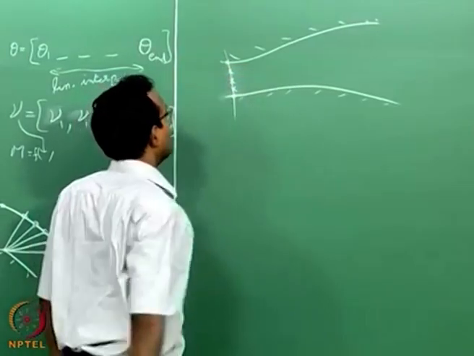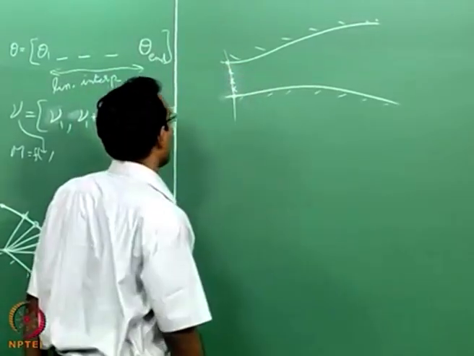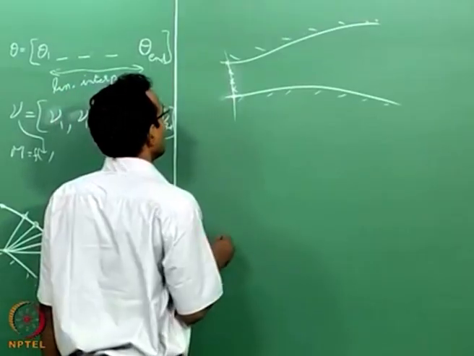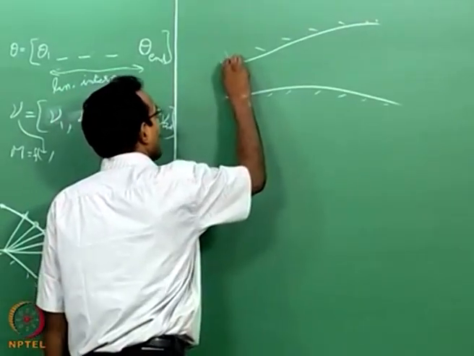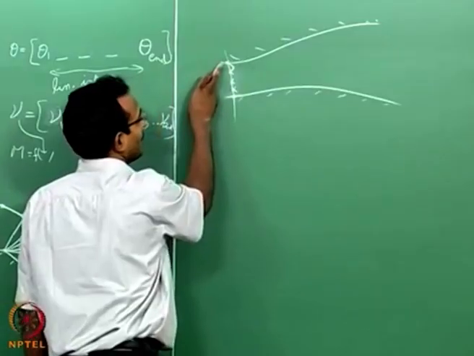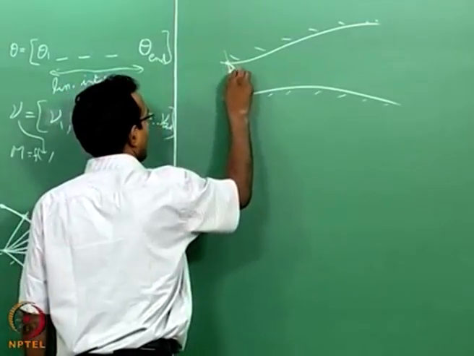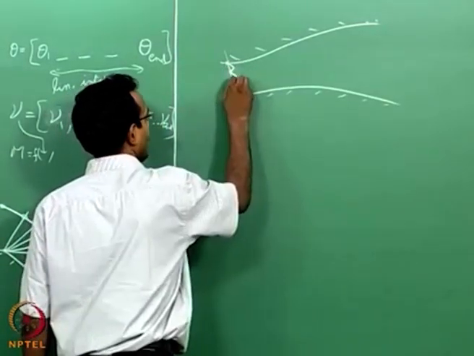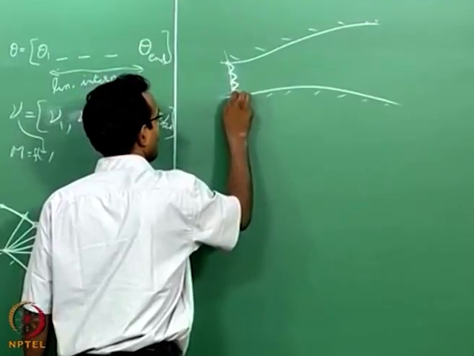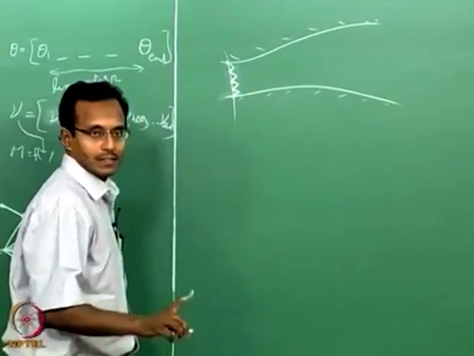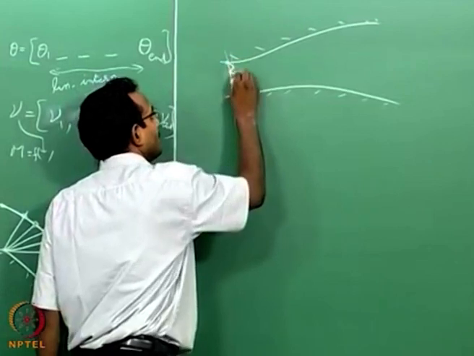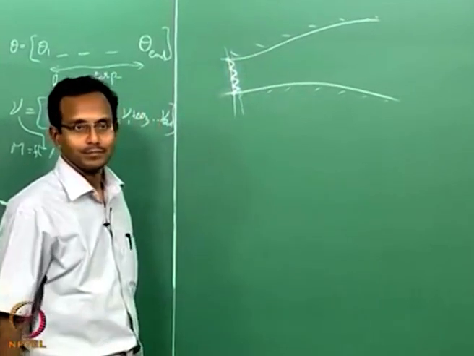Let us say I will have only n equal to 5, initial number of points on this is n equal to 5. Now, I will first do interior point between 1 and 2, then I will do interior point between 2 and 3, interior point between 3 and 4, interior point between 4 and 5. We already saw this, we have marched one step forward.